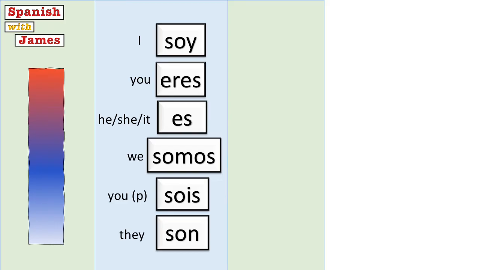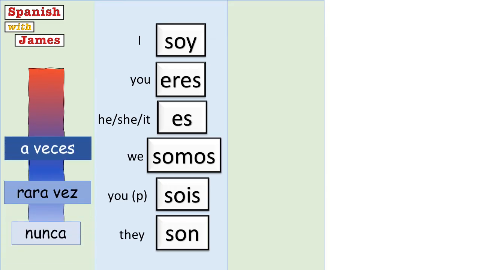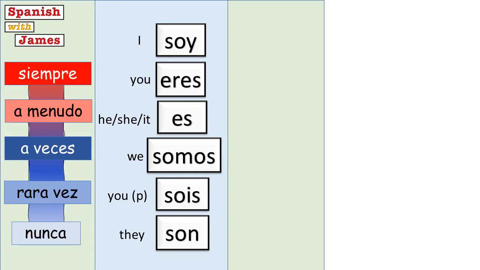It's going to tell us how often someone is a certain way or we are a certain way. For example, nunca, never, rara vez, rarely, a veces, sometimes, a menudo, often, and siempre, always.